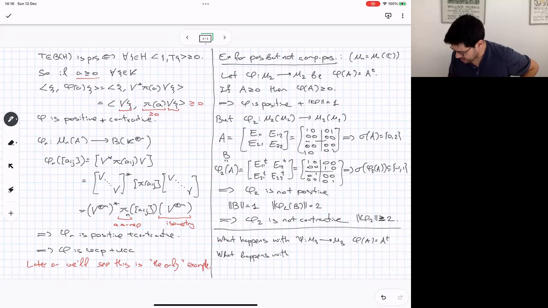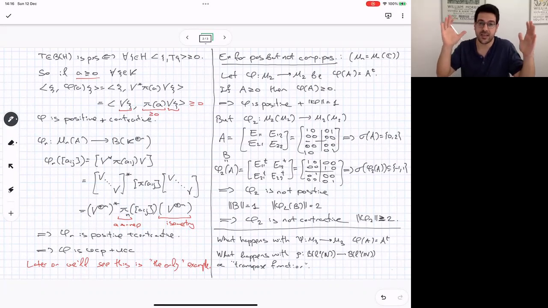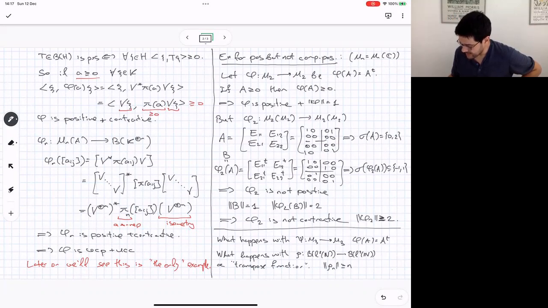With, I don't know, rho from B of L2 of N into B of L2 of N, the transpose function. So you know how to define it. Just think of B of L2 of N as infinite by infinite matrices and define the transpose. It will be bounded, it will be positive. But you will see that the norm of rho n will be greater than n.